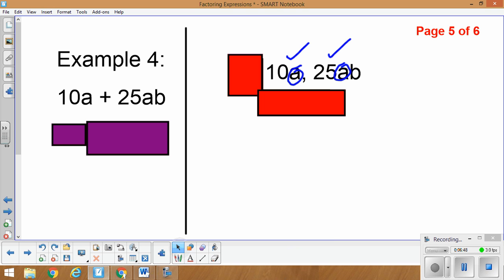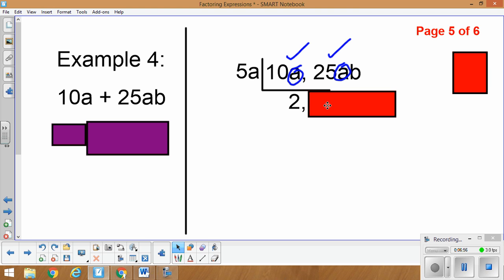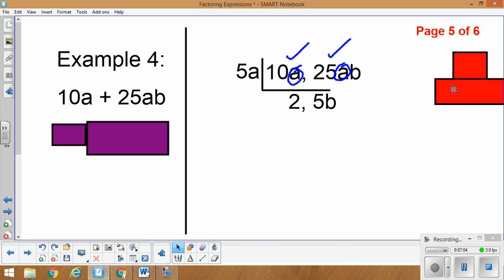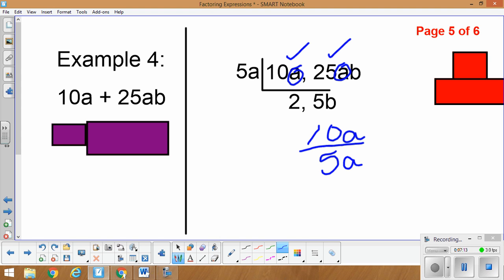So the factor is going to be 5a. So 5a goes into 10a 2 times. And 5a goes into 25ab 5b times. Okay, it looks like this. If you're wondering, wait a minute, what's happening to the variables? 10a divided by 5a. Let's say a was 2.